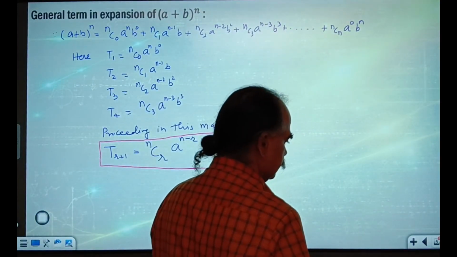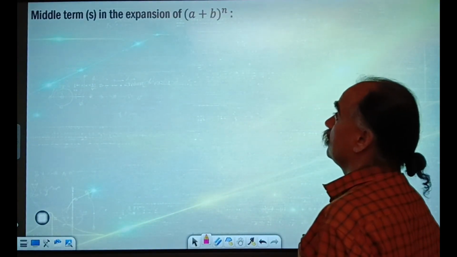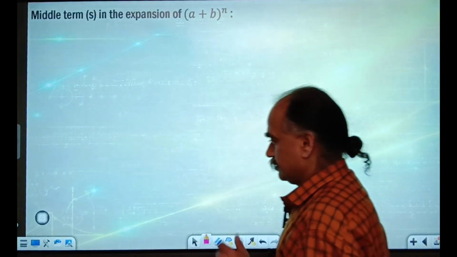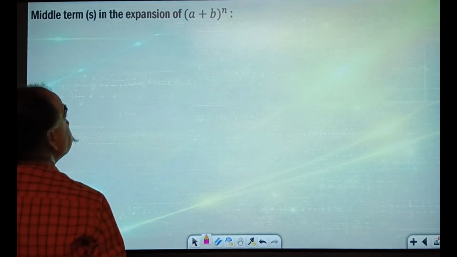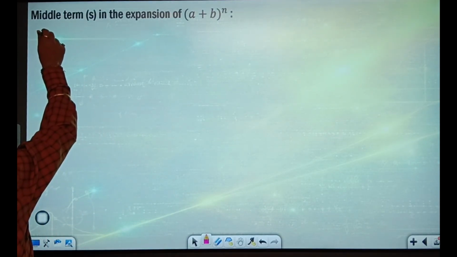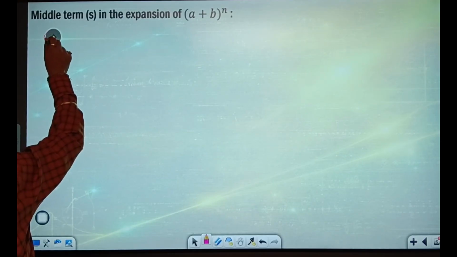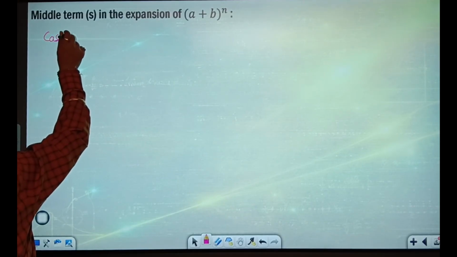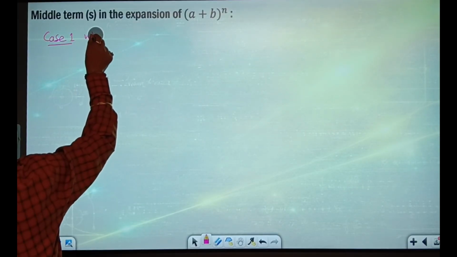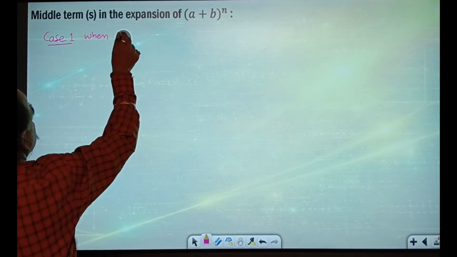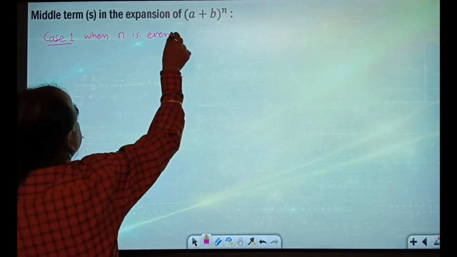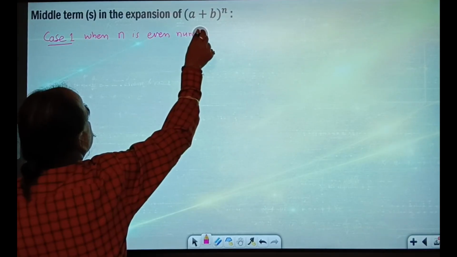The next is middle term in the expansion of (a plus b) raised to n. There are two cases. Case 1: when n is even number, that is power is what?